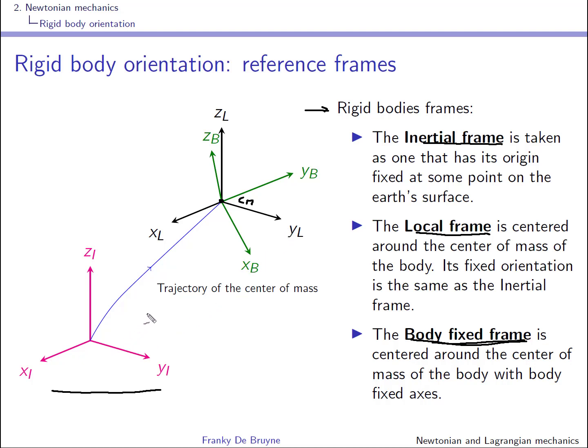So we can use, for instance, the local frame for everything that has to do with the trajectory of the center of mass. This is what is shown here by the blue line with arrow. And then everything that has to do with rotation, change of attitude, will be described by going from the local frame to the body fixed frame.